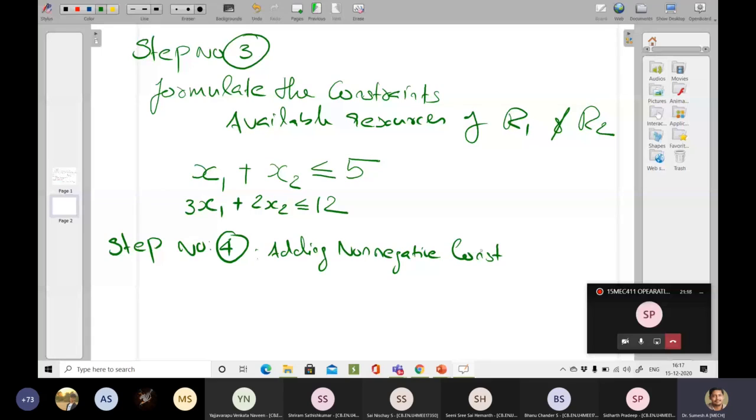Our decision variables should be greater than or equal to 0, so x1, x2 greater than or equal to 0. This is the end of your formulation of the LPP.